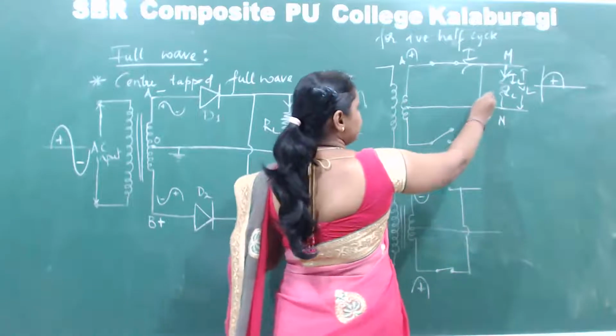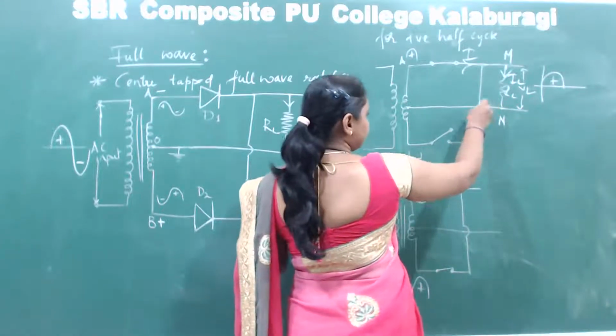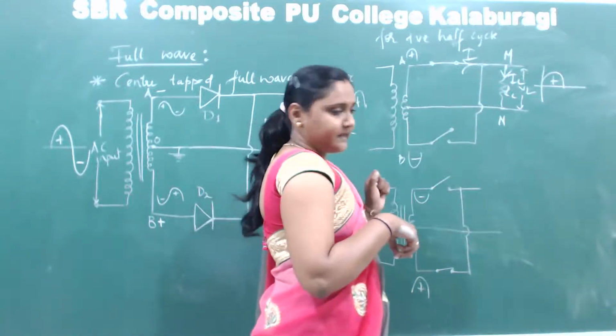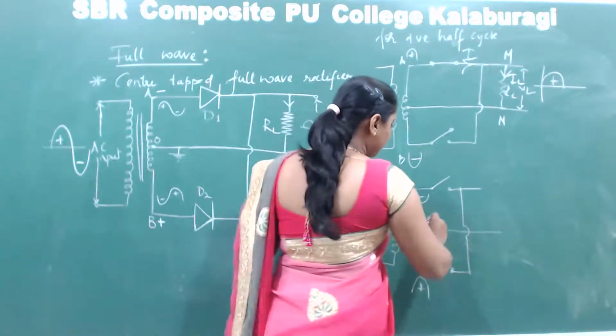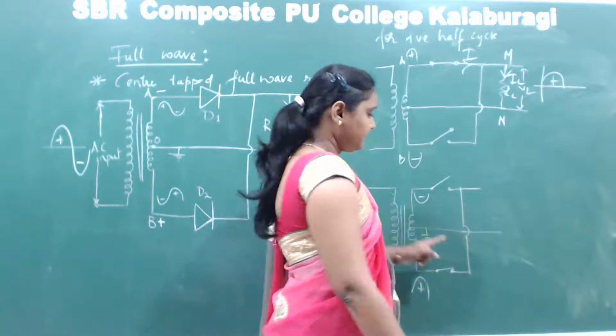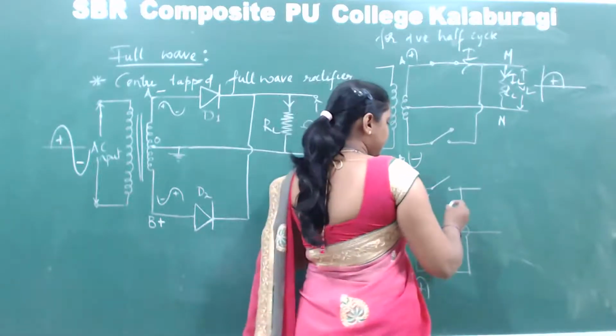This cross means that this portion is not connected. So this is directly connected to this part, it is not connected to the ground here. So now what happens?